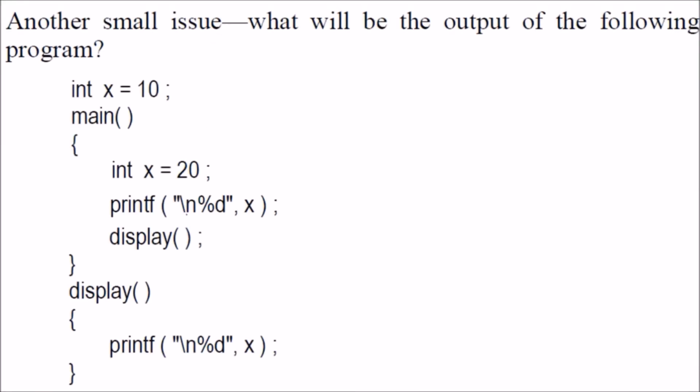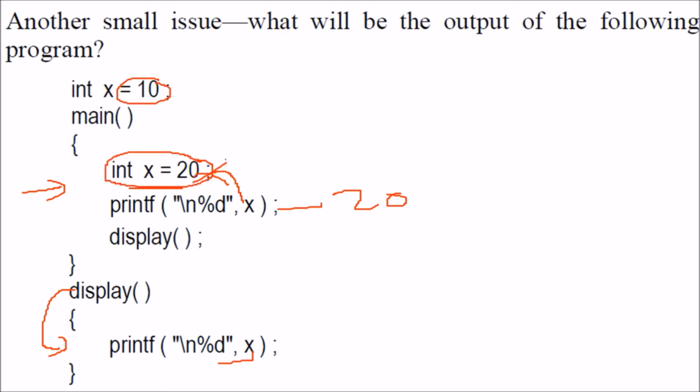There is one more thing you must realize here: always the internal or the local scope is given the preference. How? If x is equal to 20 and you want to print x here, 20 will be printed. When you come outside, this is outside the scope, you want to print x, then 10 will be printed, not 20.